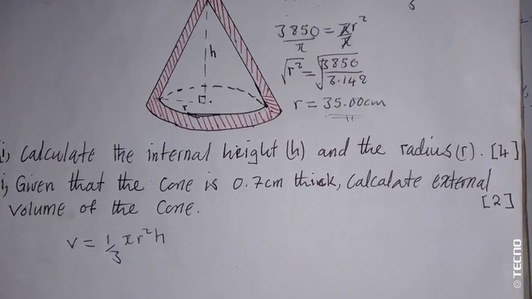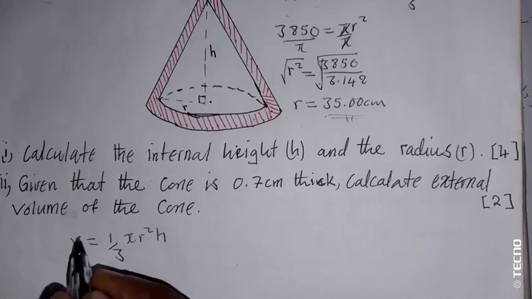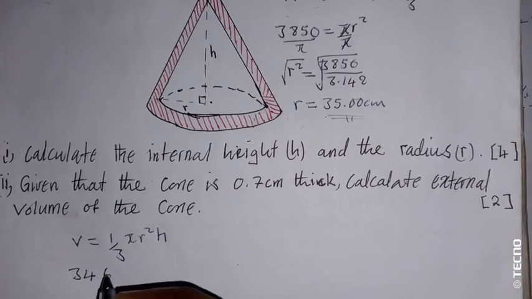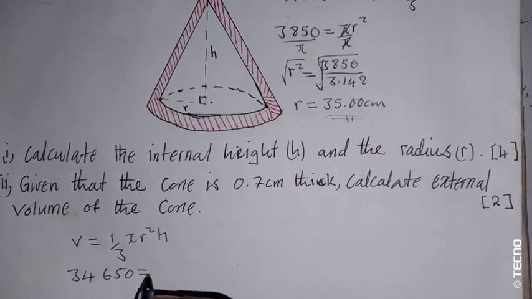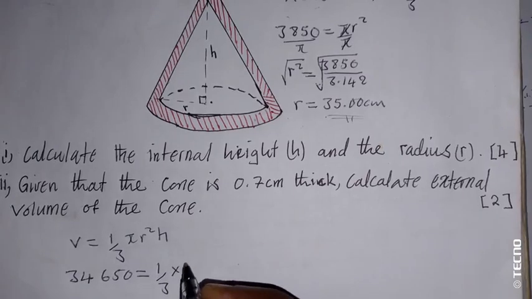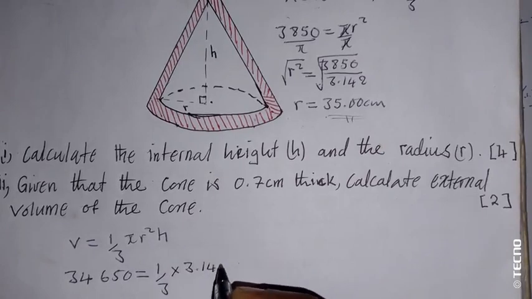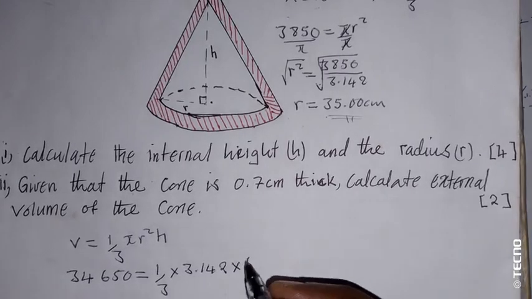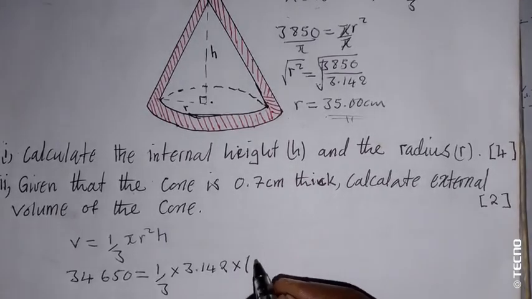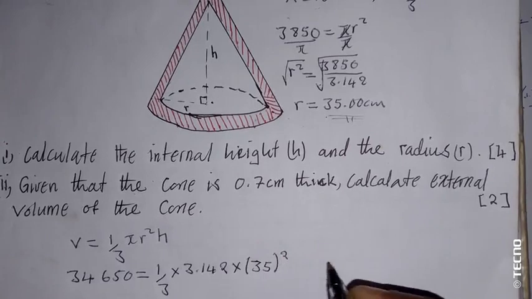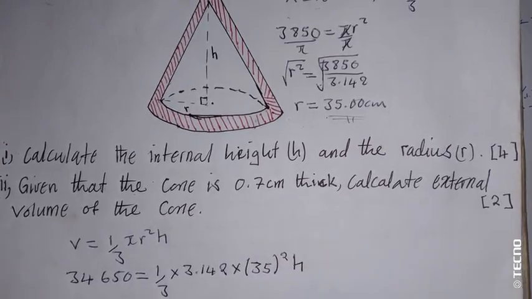Where there is V, we replace what we have been given: 34,650 is equal to 1/3 times pi, 3.142, times our radius 35 squared, then h.